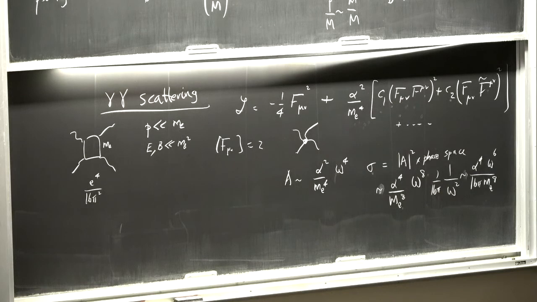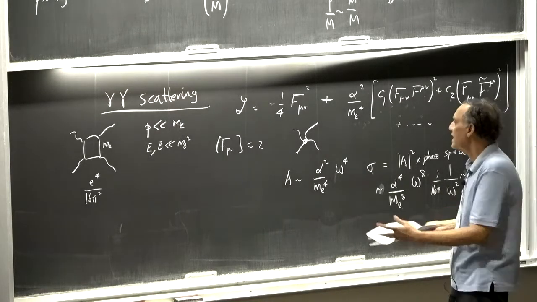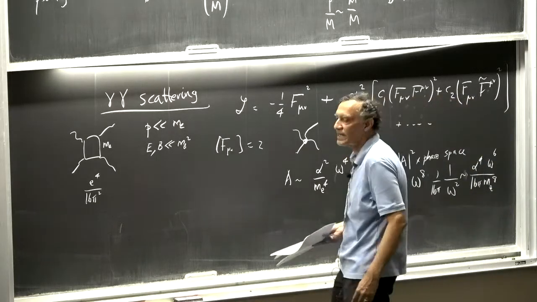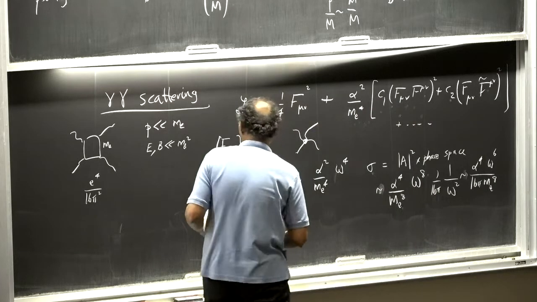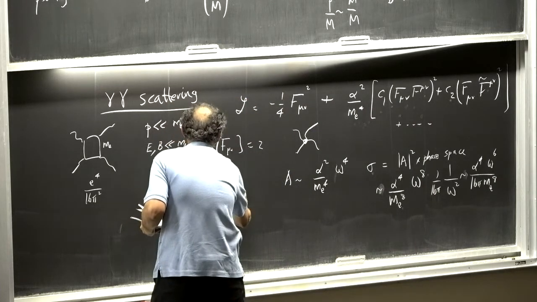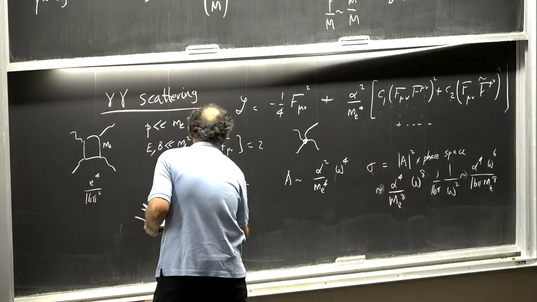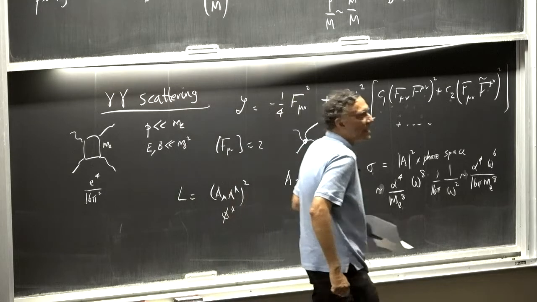Now, imagine you didn't know about gauge invariance or photons, and I thought I could model this by some kind of scalar field. Then I would write an interaction Lagrangian, which was, well, a mu squared or phi fourth or whatever. Okay, four fields, not F mu nu.